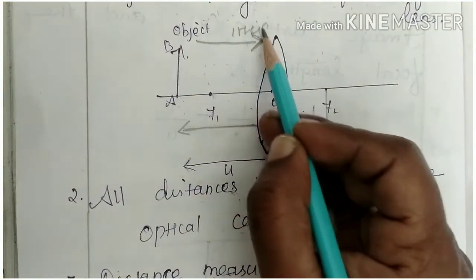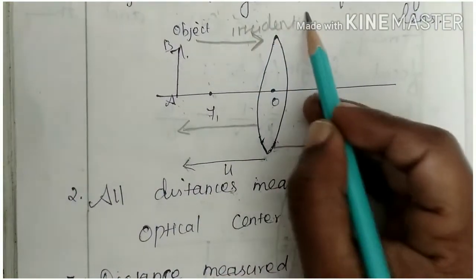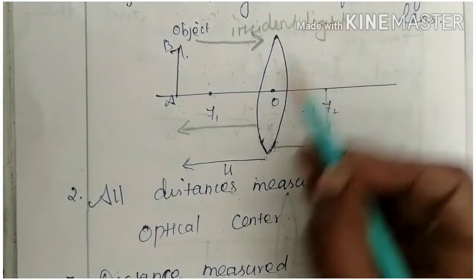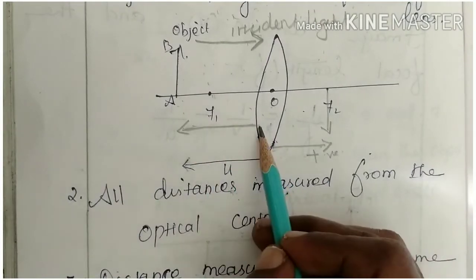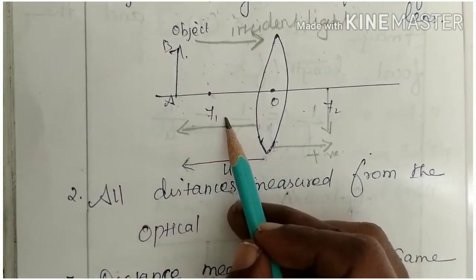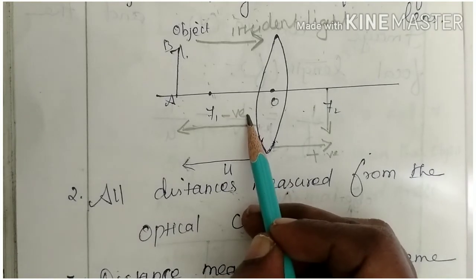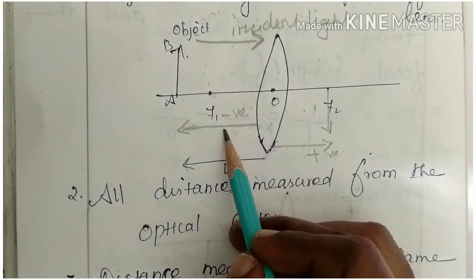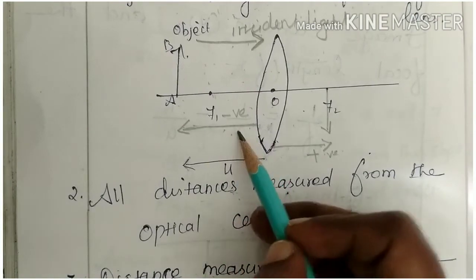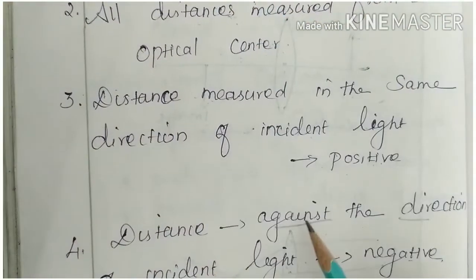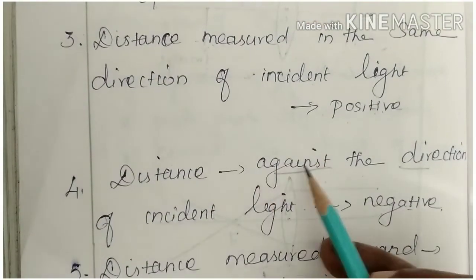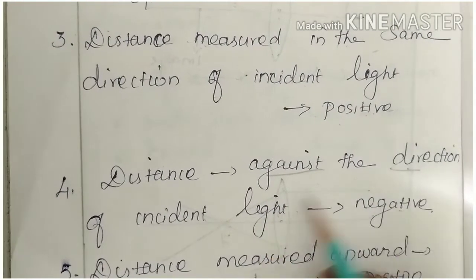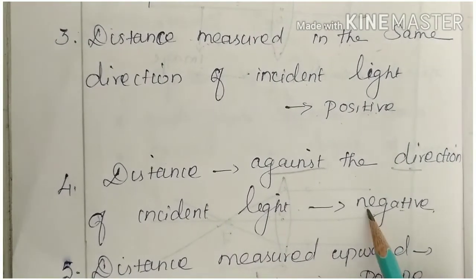This is the incident light direction. So what sign is it taken as? Negative. Distance measured against the direction of the incident light is taken as negative.